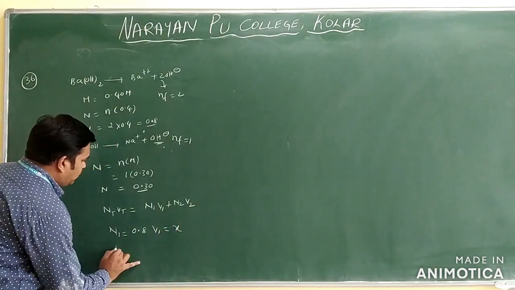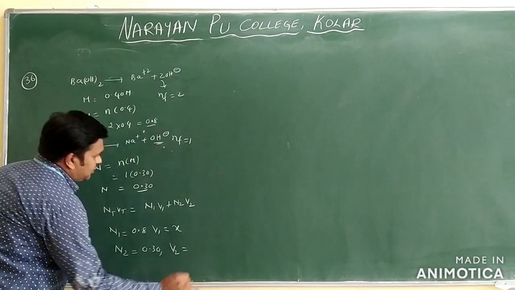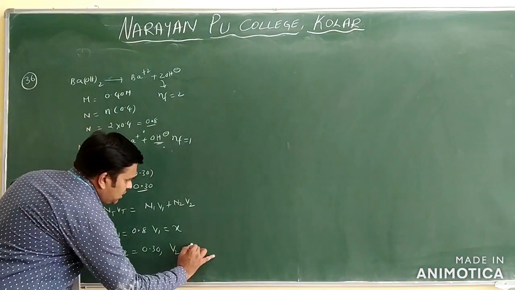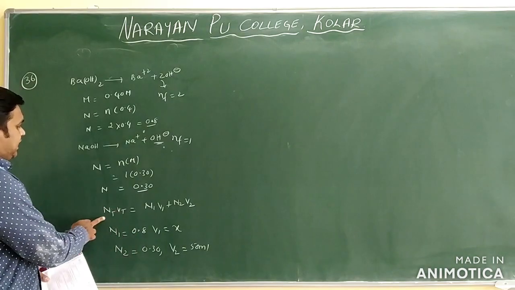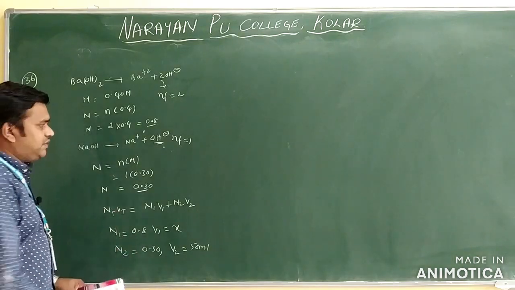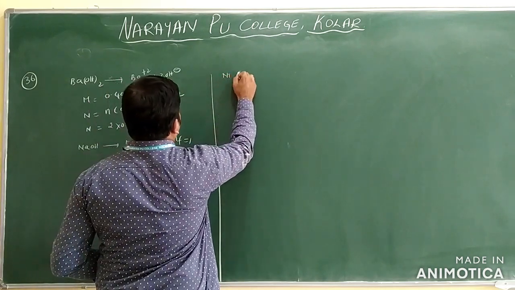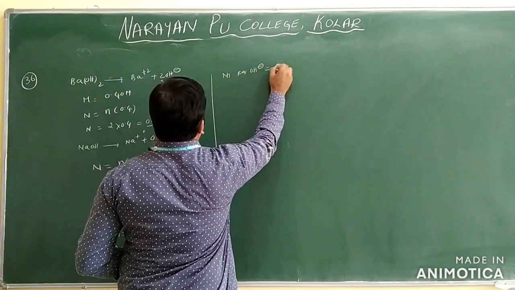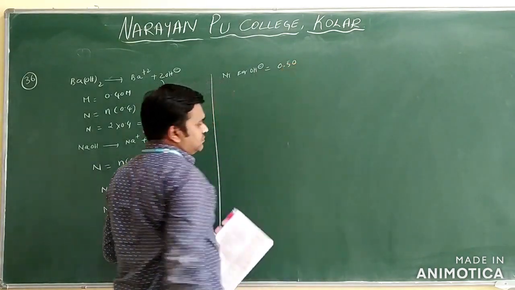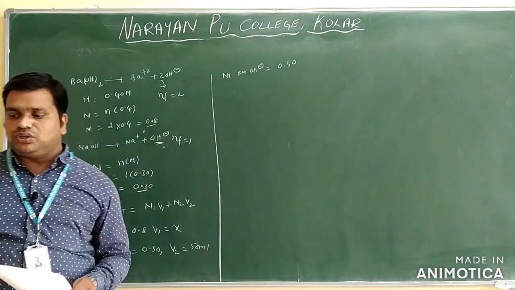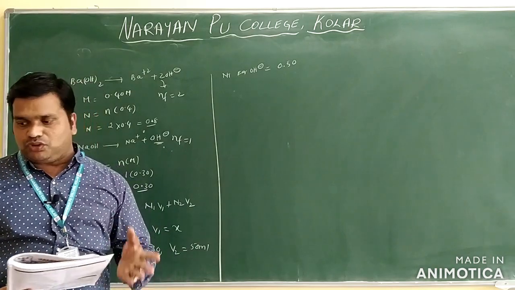N2 is 0.30, and V2 is 50 ml. The N total for OH minus is given as 0.50.